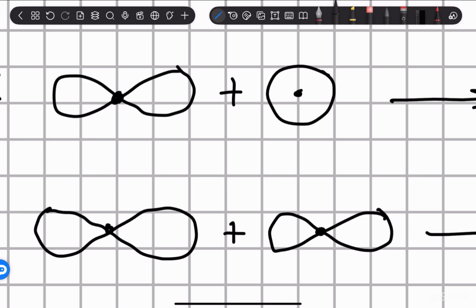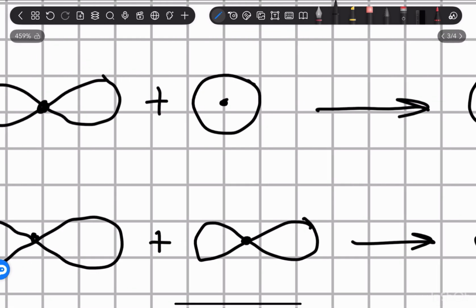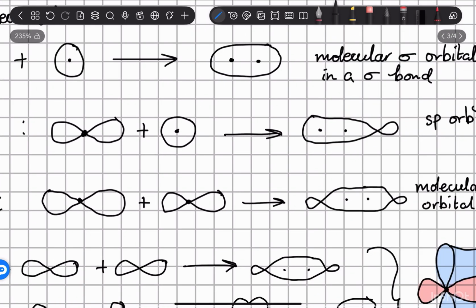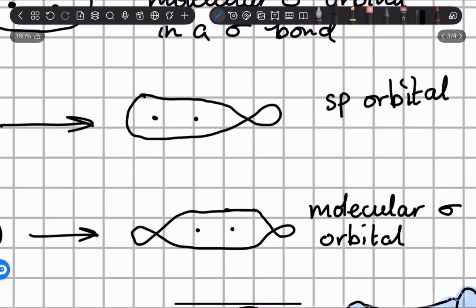But I want to say it fuses with an s orbital to form an sp molecular orbital, which is this fish-like shape. You can associate these shapes with anything realistic. This often looks like a fish to me, with two weird eyes. I associated it with a blue whale, how a child would draw a blue whale.